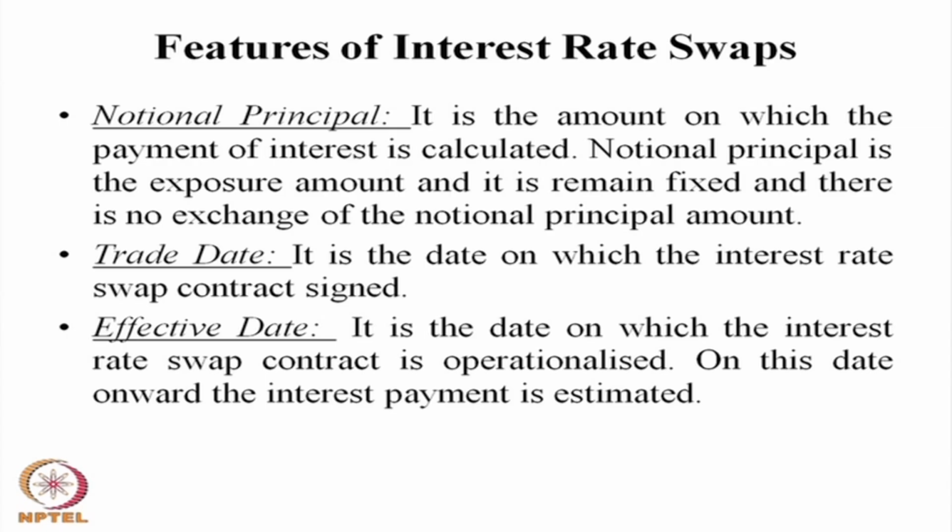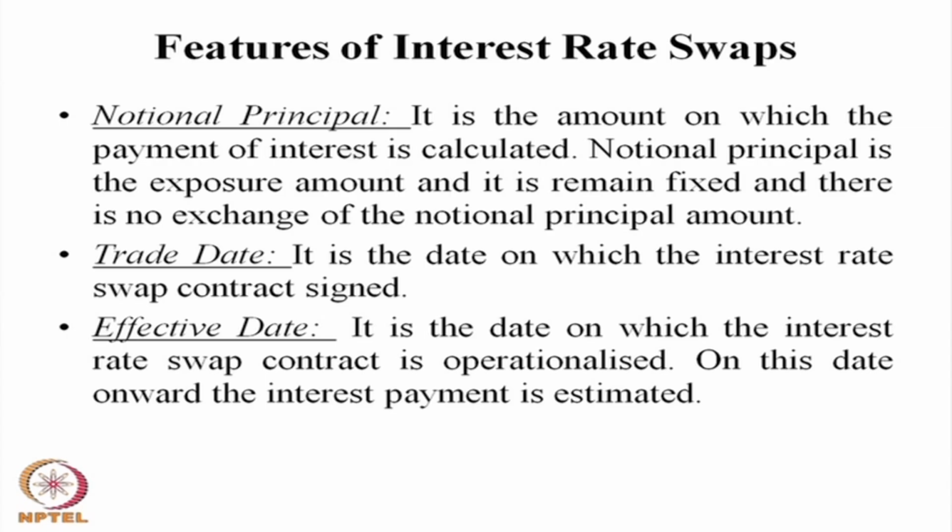The trade date is the date on which the swap contract is signed. Two parties come through the intermediary and sign the contract for the exchange of a series of payments; that is called the trade date. The effective date is the date on which the interest rate swap is operationalized.